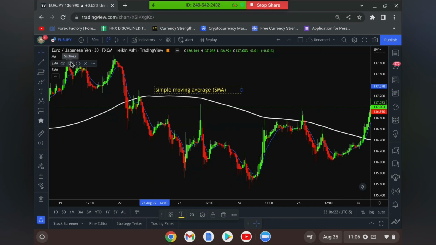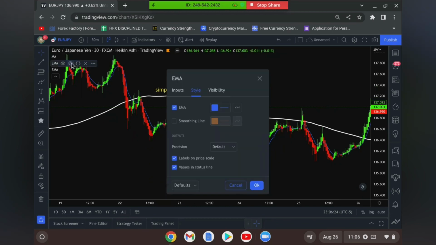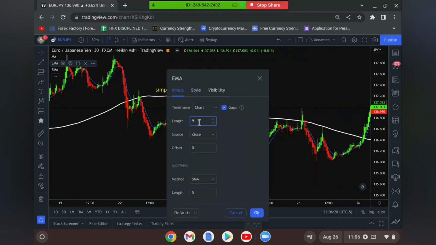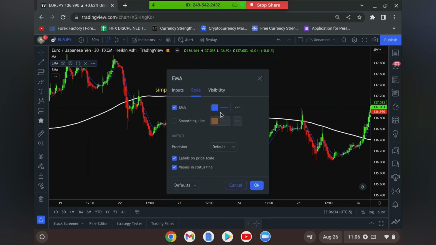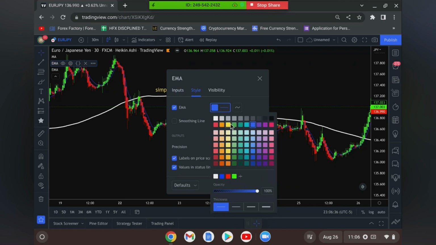I'm going to select the settings tab for the first one. For the length, I'm going to change this one to 4 as well. For the style, again, we're going to make this the color yellow just so we can see it cutting through price, and we're going to thicken the line.